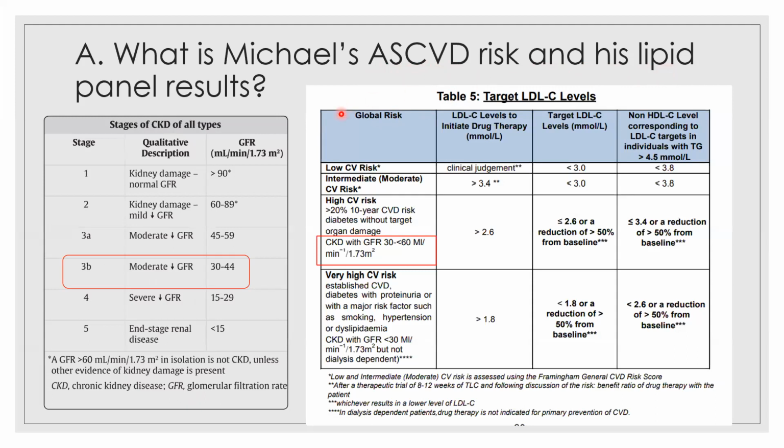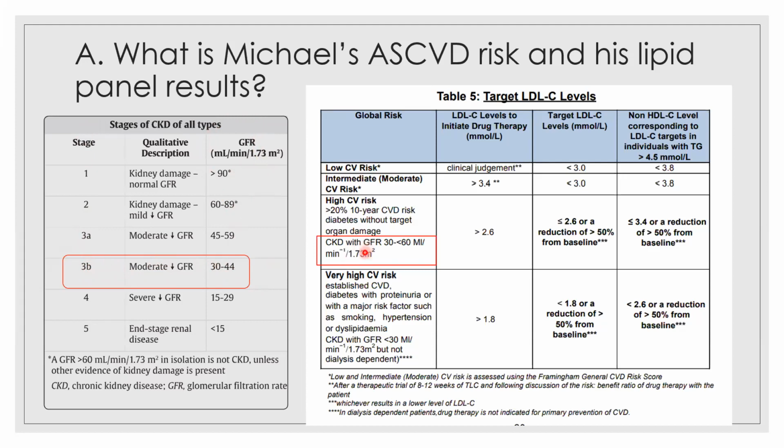So we need to know the risk. Here we refer to the guideline with CKD, and this patient has stage 3B because the eGFR is 42, so it is stage 3B.